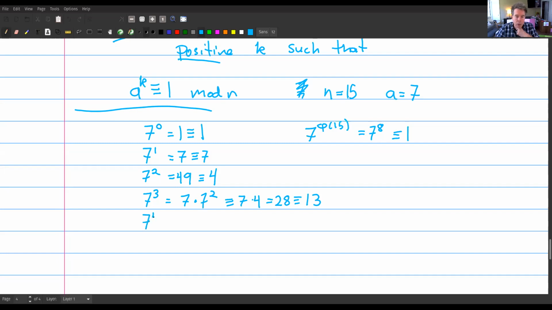Now I don't know what 7 to the 4th power is, but it's 7 squared squared, and 7 squared is 4, so this is 4 squared, which is 16, which is congruent to 1. So the order of 7 is 4.